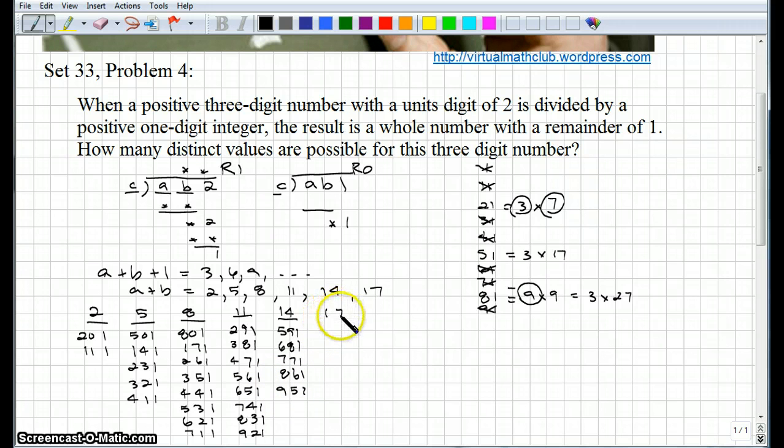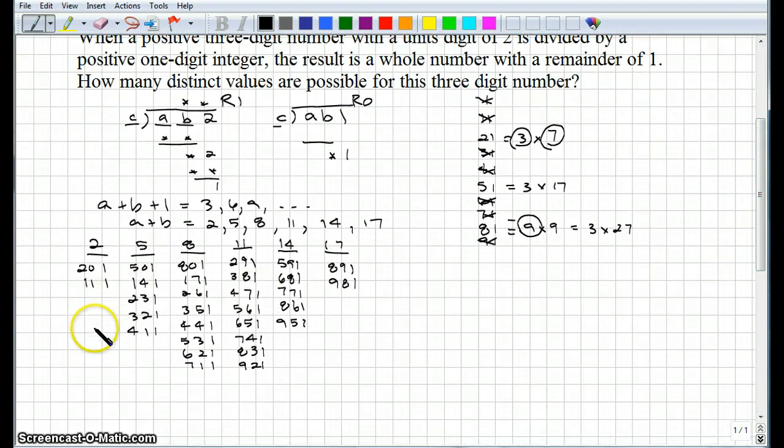And let's take a look at 17. We can have 891 or 981. And that's it. That's all we can do. We could look at 20, but we can't get two digits that add up to 20. So that's all we can do.